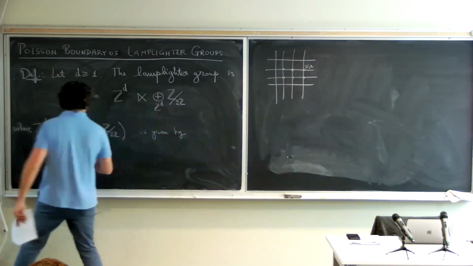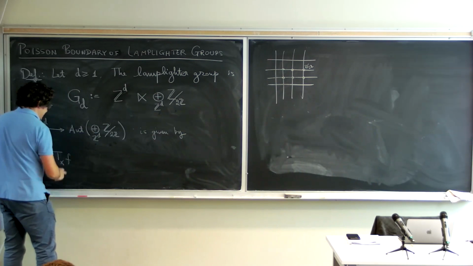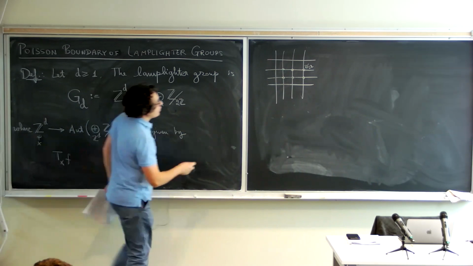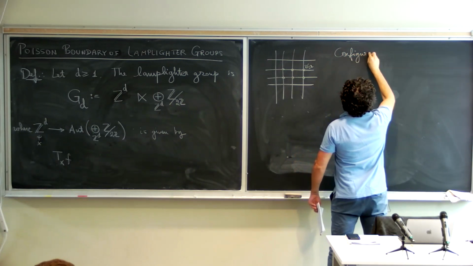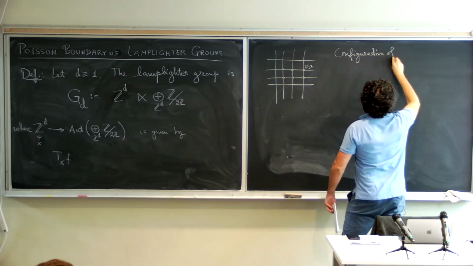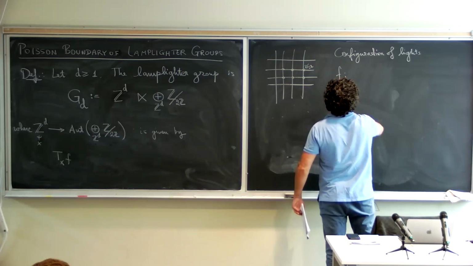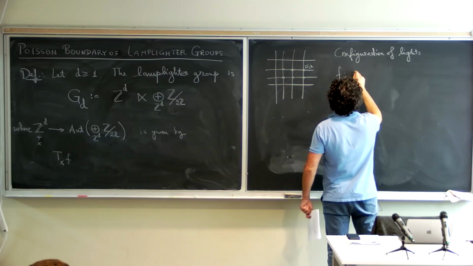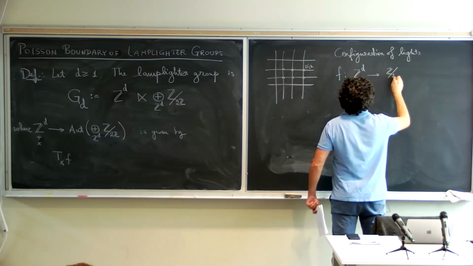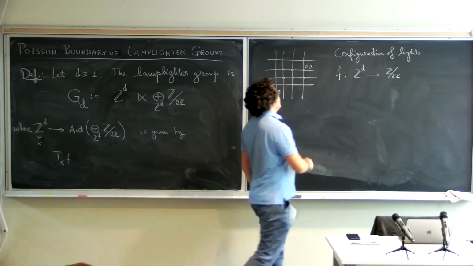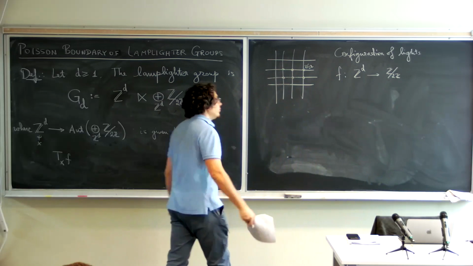And so the action is given by translating the configuration. So F is, you can think of a configuration, right? So a configuration of lights is a function from ZD to Z mod 2Z that gives you, at each site, the state of the light.